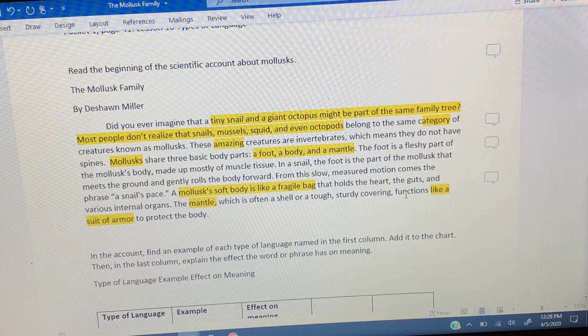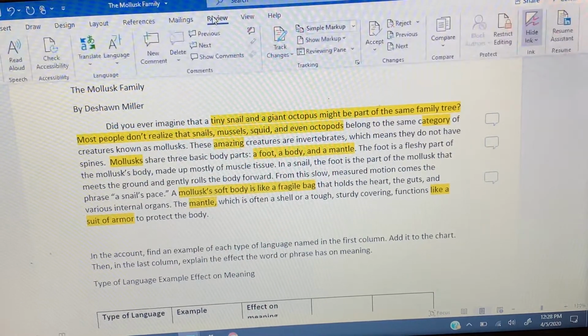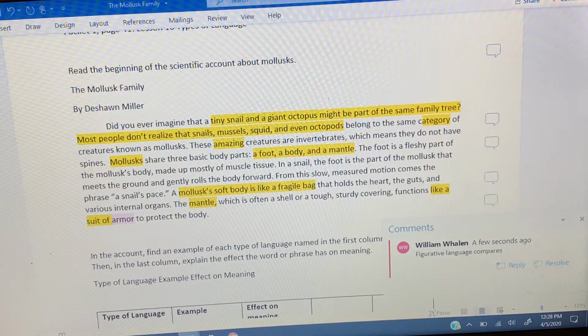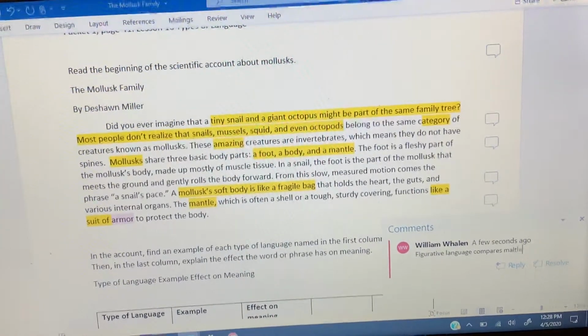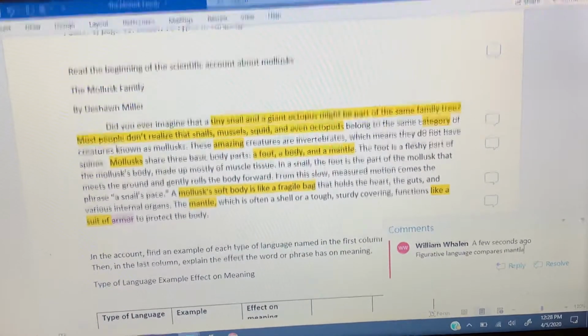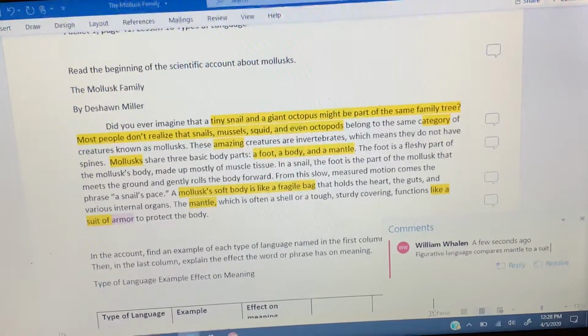Because it says it's like a suit of armor, this is going to be an example of a simile. It compares the mantle to a suit of armor.